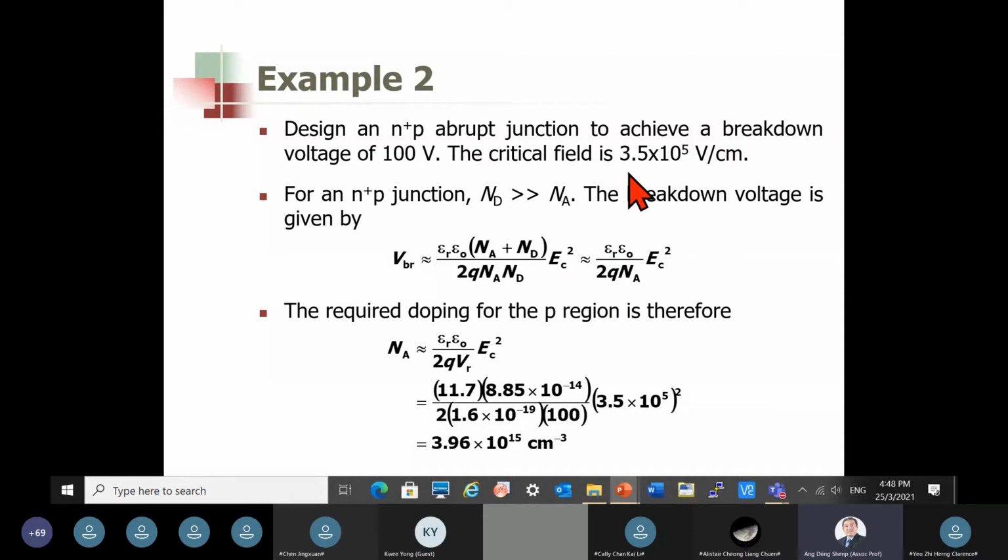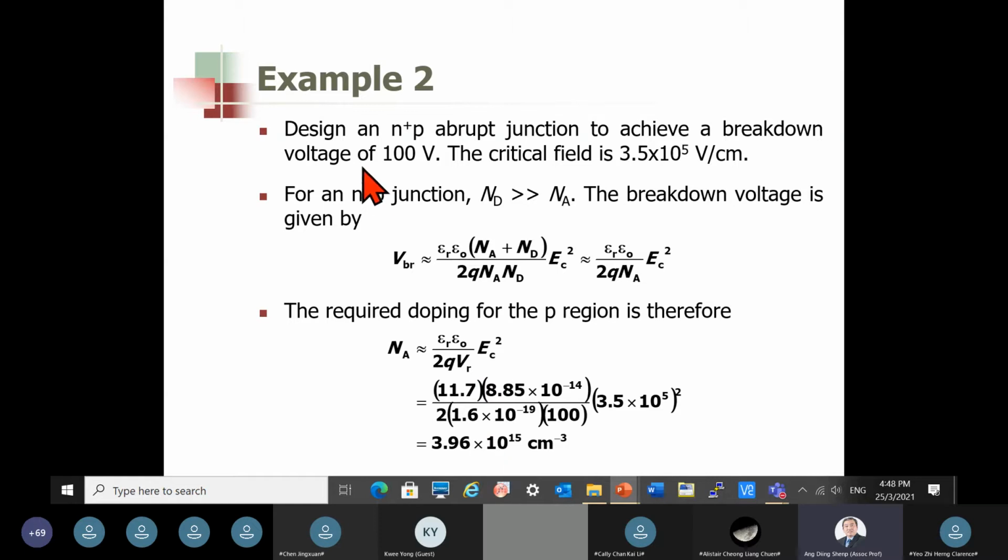In this exercise, we want the breakdown voltage to be 100 volts. Given the critical electric field, we can determine the required doping concentration on the P side, which is 3.96 times 10 to the power 5 for this example.